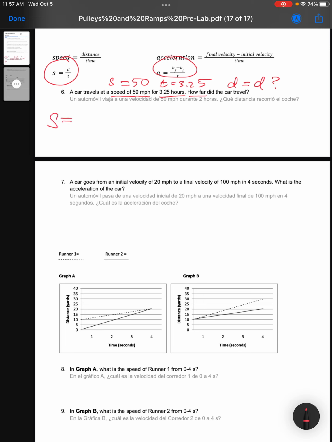S equals D divided by T. Now we put the numbers from the question into the equation. So what is S? S is 50. What is D? D is D. What is T? T is 3.25.